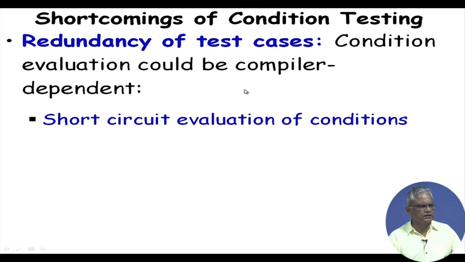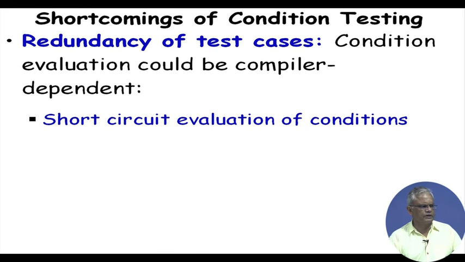So, for this condition testing, some of the shortcomings are redundancy of test cases. The test cases are redundant because due to the short circuit evaluation of the compiler, many of the test cases actually map to the same conditional expression evaluation results.